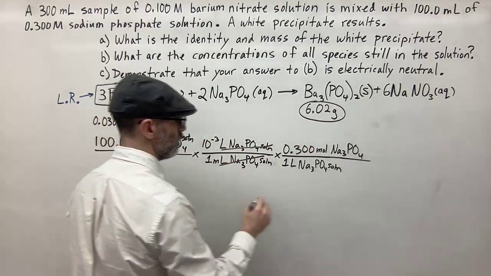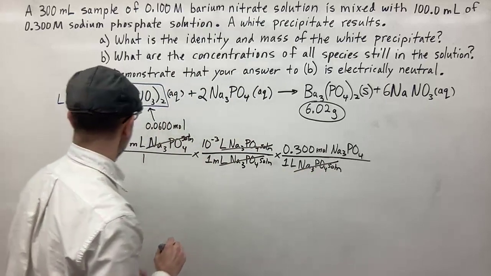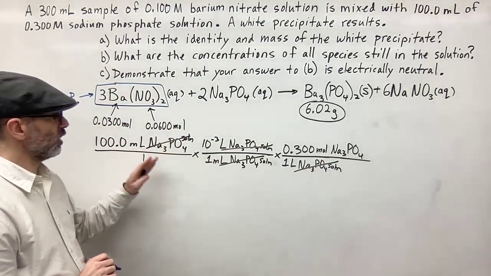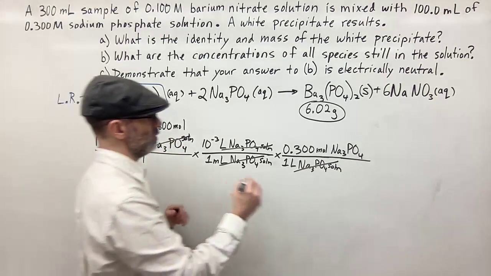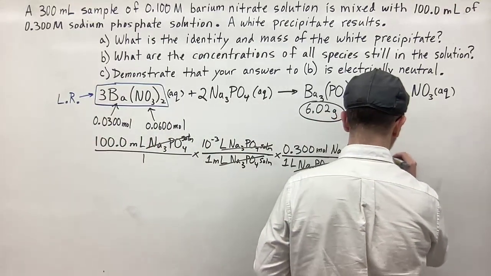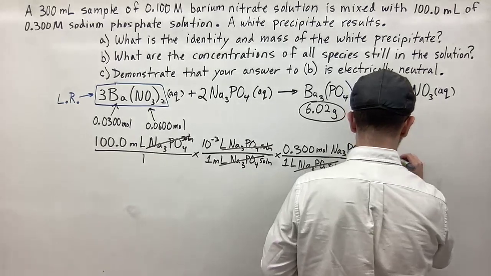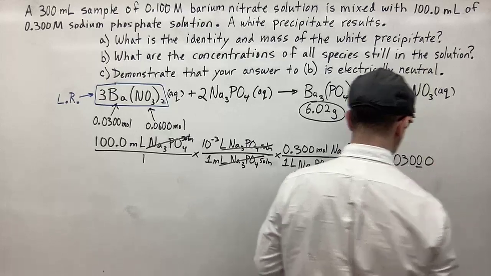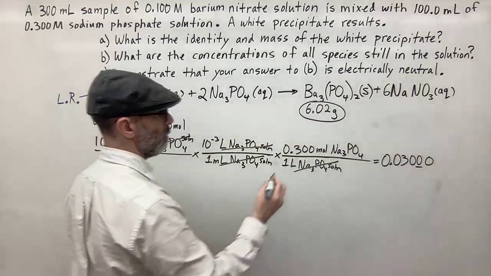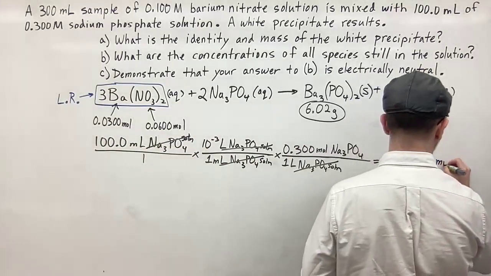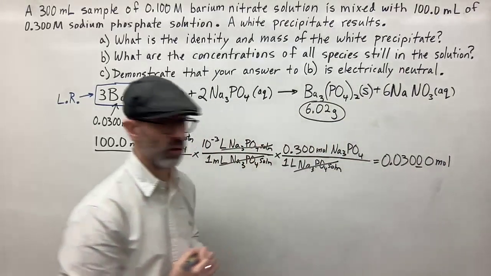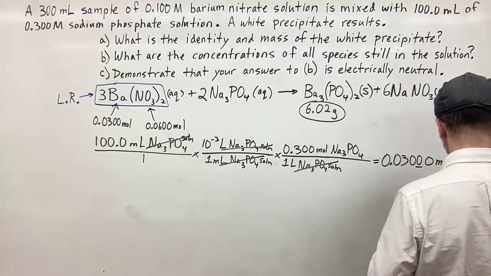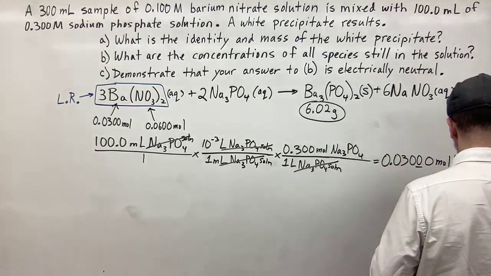So liters of the sodium phosphate solution cancel out, and then we do the conversion. So then this is going to give us 0.03000 moles of the sodium phosphate. So sodium phosphate, Na3PO4.